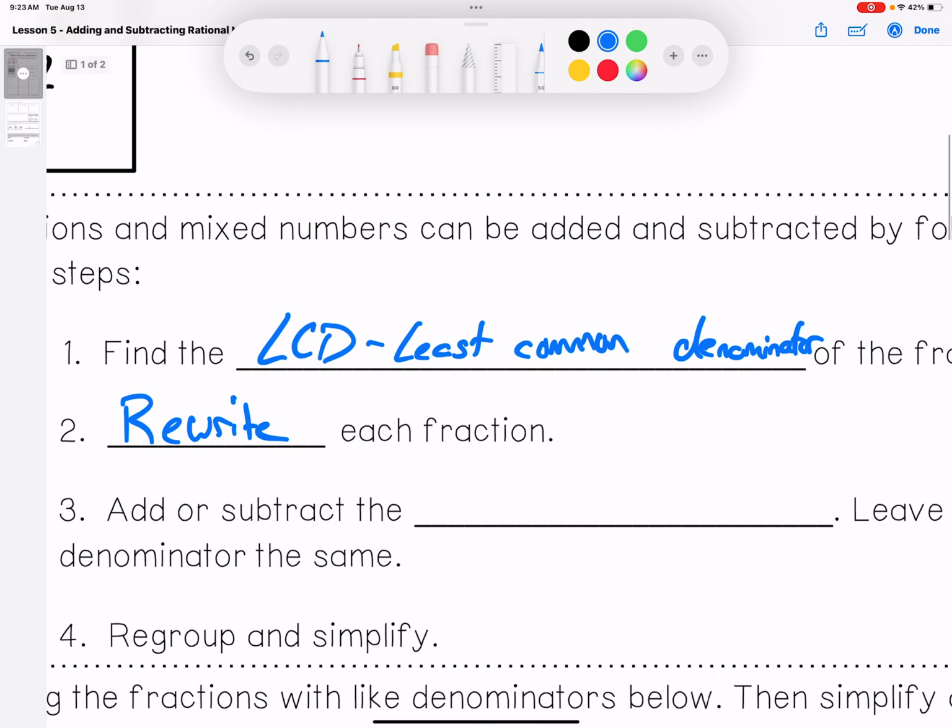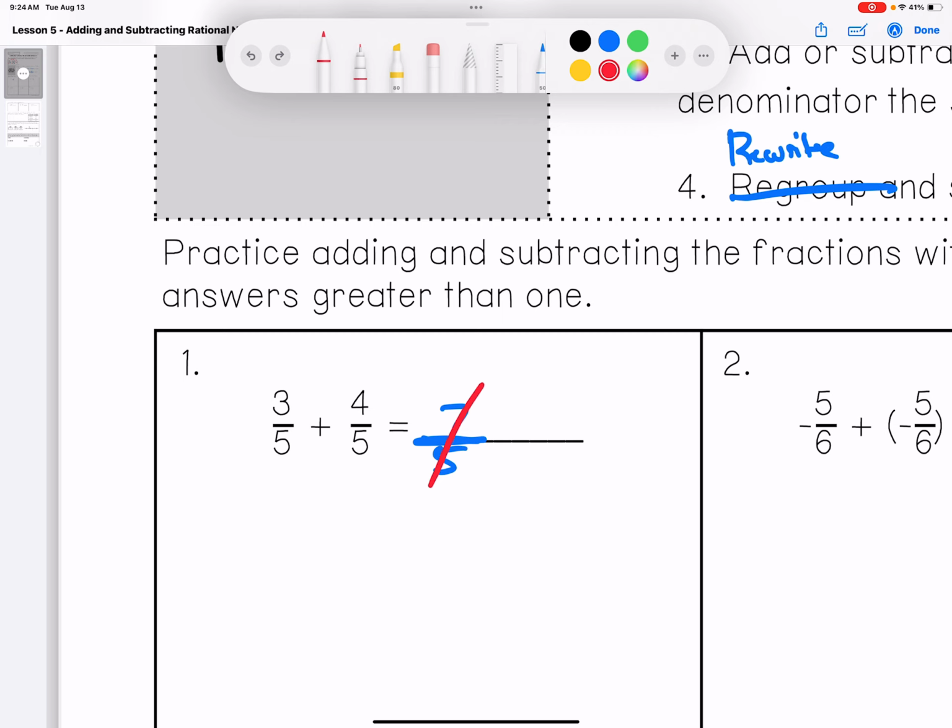All right, so here we go. We're adding. Denominator's the same. Sweet. So we just bring it with us. 3 plus 4 is 7/5. We don't write numbers like that. That's correct, but that ain't how we write them, okay? We have to turn that into a mixed fraction.